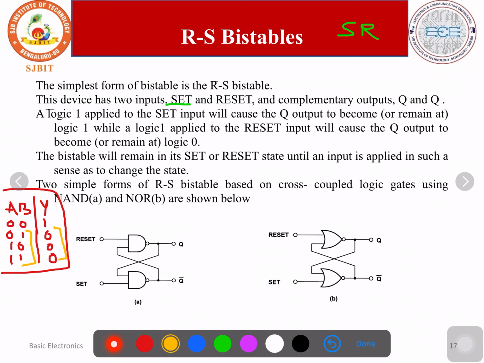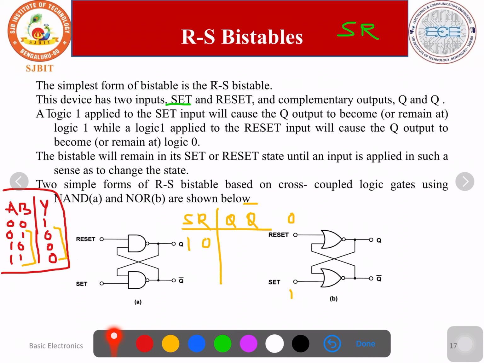Now once again we will write the truth table for the SR bistable using NOR gate. Initially I will make S equal to 1, R equal to 0. If any one of the inputs is 1, the output is 0.